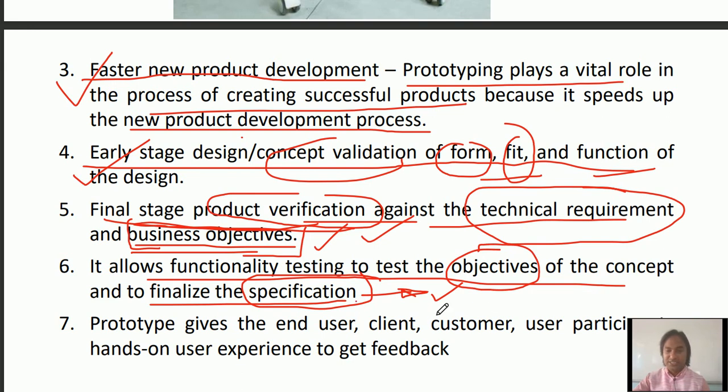Again, specification means there are some standards, some quantitative values against which you have to show your result. For example, hardness should be under 150, that is a specification. There should not be any bacteria inside the water, so that is another specification.